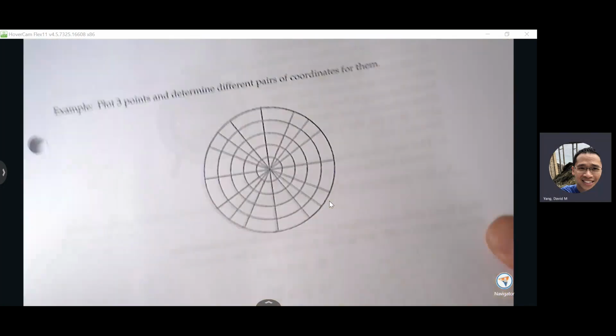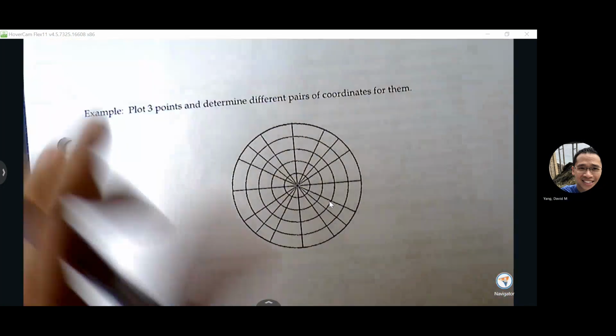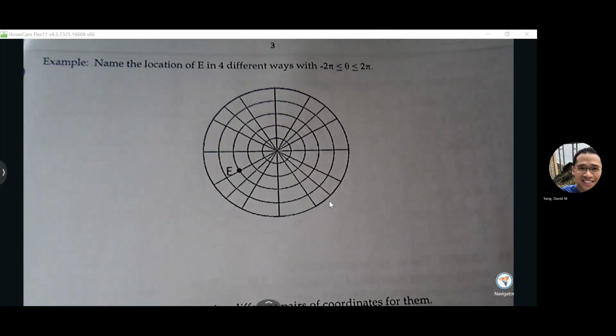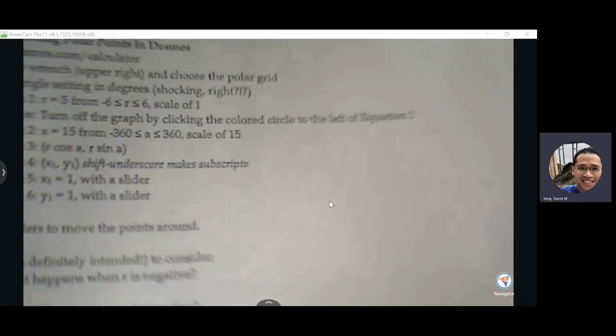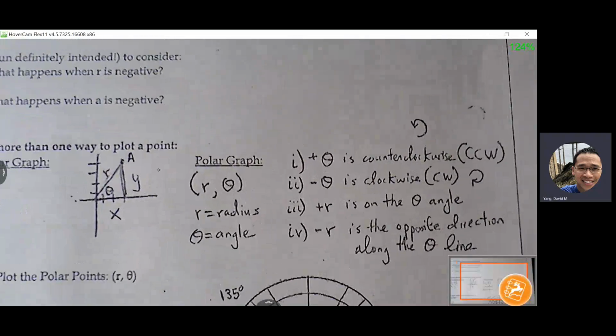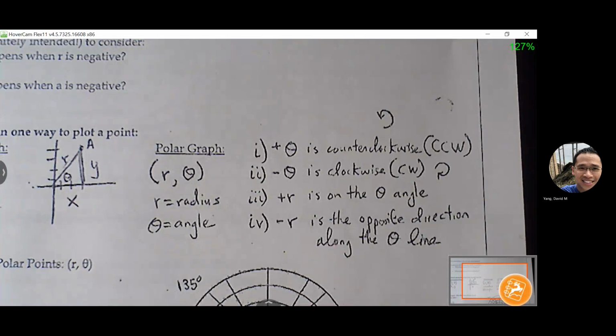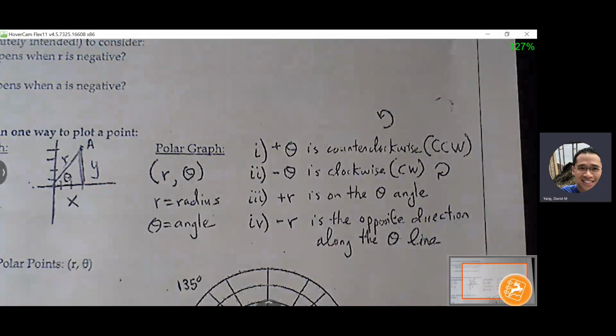Okay, page 3. Oh, sorry. I meant for you guys to write this down as well. So right here. When you see a positive theta, either radians or degrees, you're going counterclockwise, right?